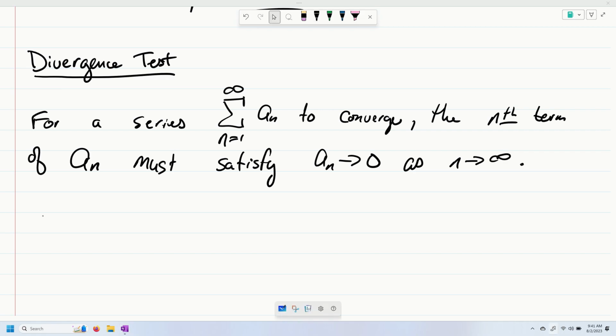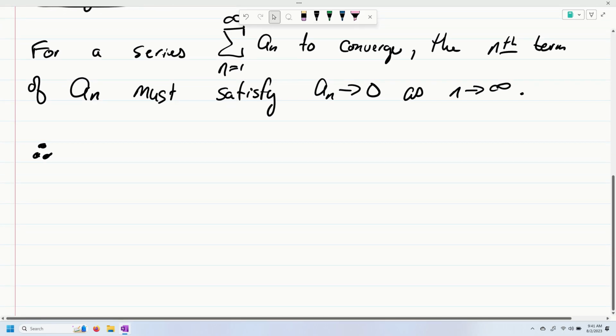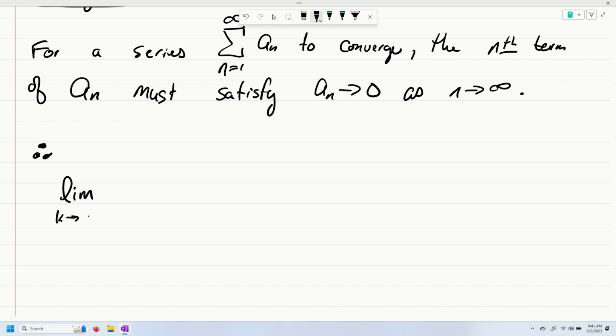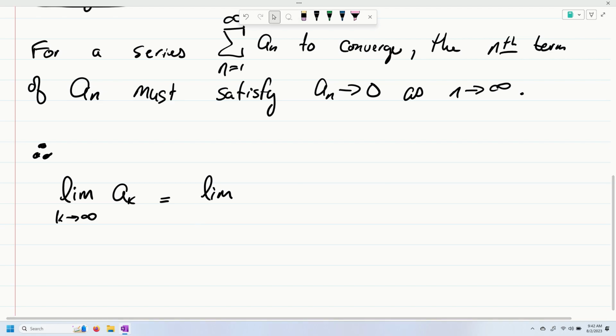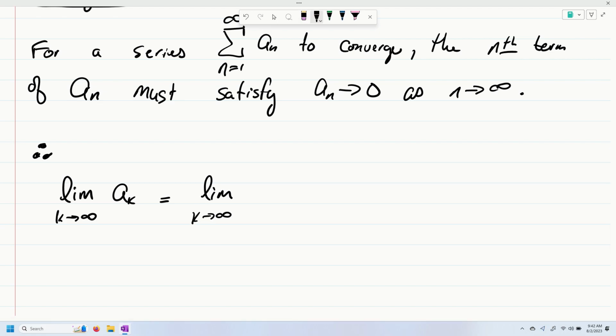Therefore, from the algebraic limit properties for sequences, we have this. The limit as k goes to infinity of our sequence is going to equal the limit as k goes to infinity of s_k minus s_{k-1}. So it's the first term minus its previous term.